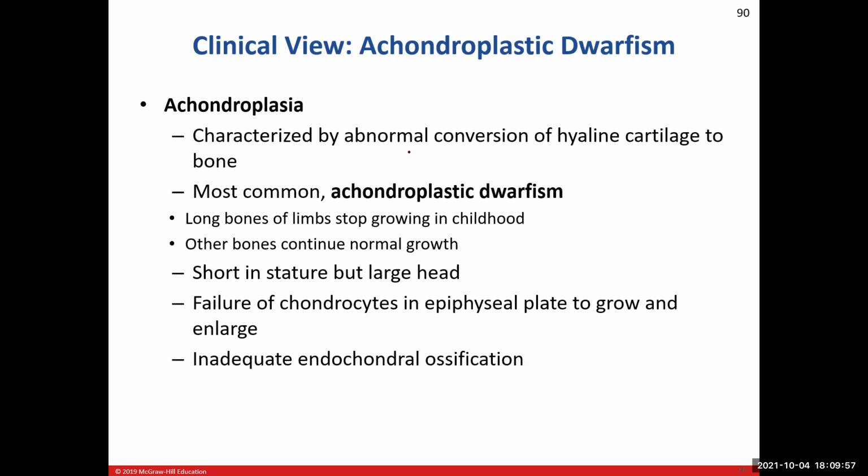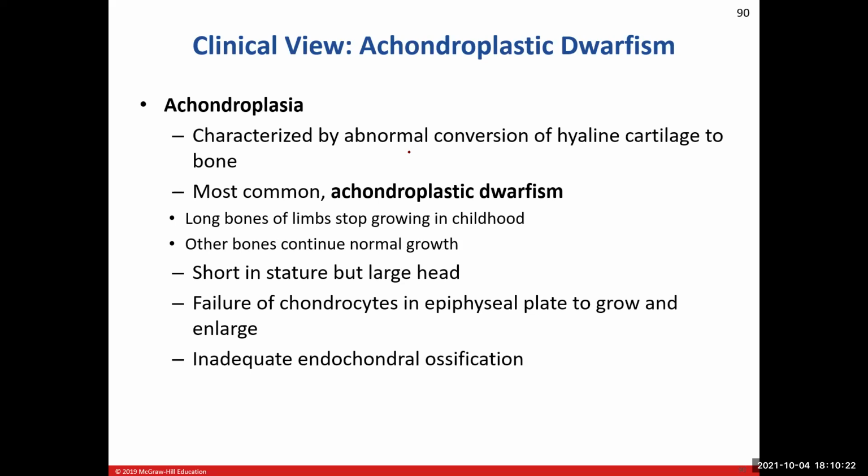What we'll see is that the chondrocytes themselves in layers 2 and 3 of the epiphyseal growth plate fail to make more cartilage cells. Unfortunately they also don't fully undergo the hypertrophy that occurs, so they won't get enlarged.